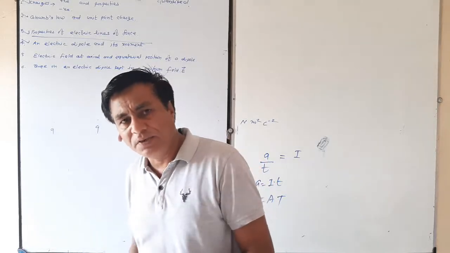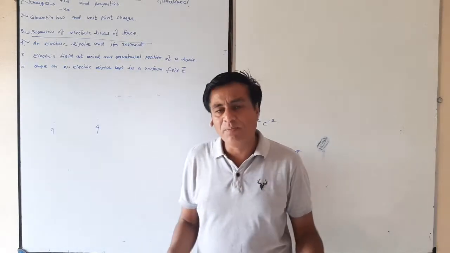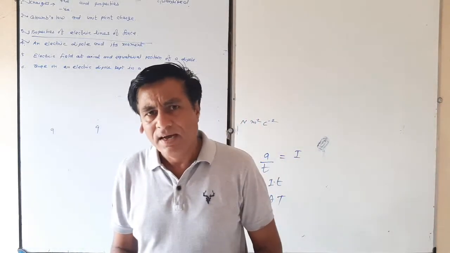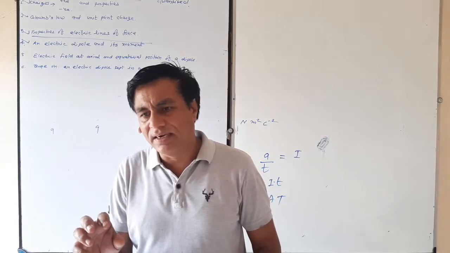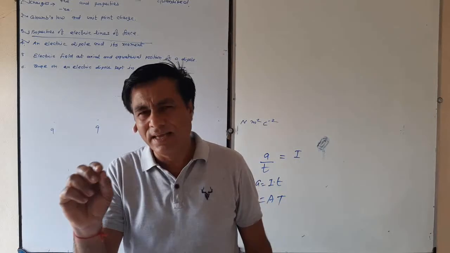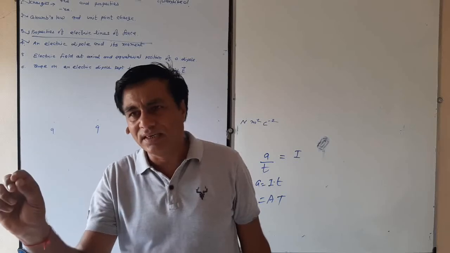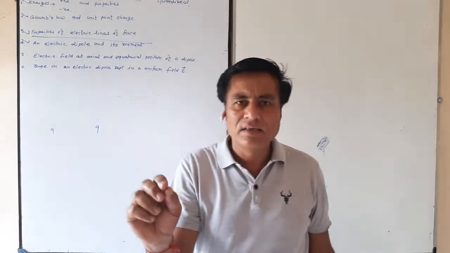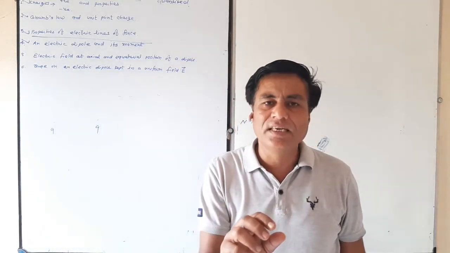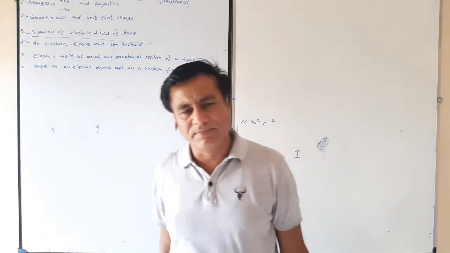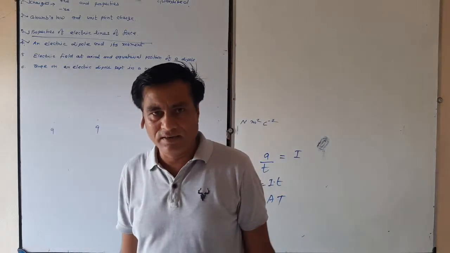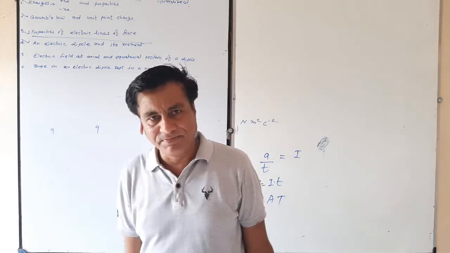There are two types of insulators, polar and non-polar. Polar means the molecules already contain negative charge at one end and the same amount of positive charge at the other end. It is their property. This is a polarized insulator, a dielectric medium.